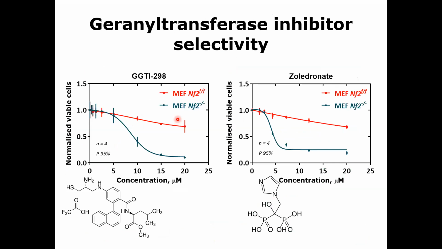But when we used inhibitors of geranyl transferases, the pan transferase inhibitor zoledronic acid, and also a selective geranyl transferase type 1 inhibitor, we caused the same selectivity that the statins did. And this means that some of these geranyl transferase enzymes, and most likely the geranyl transferase type 1 enzyme, is causing the selective toxicity of the statins. And this means that we should look into the proteins that are actually geranylated by this GGTI enzyme.